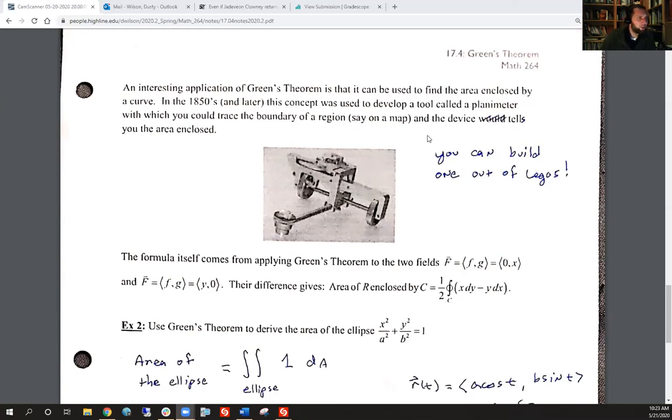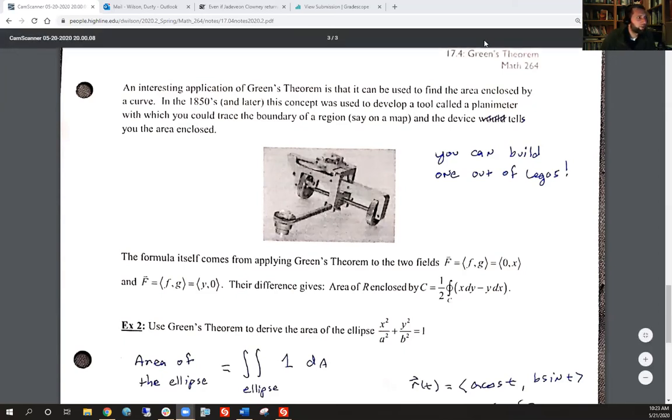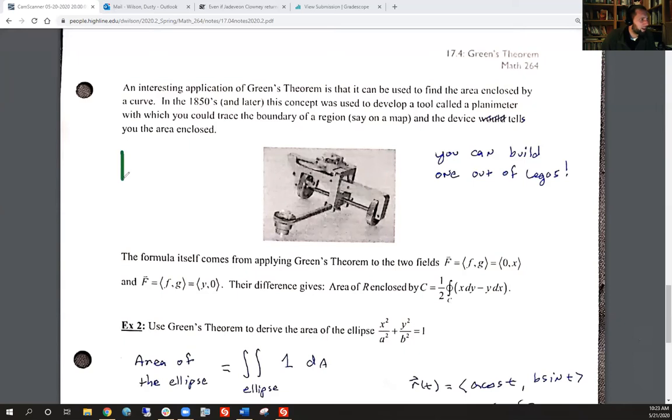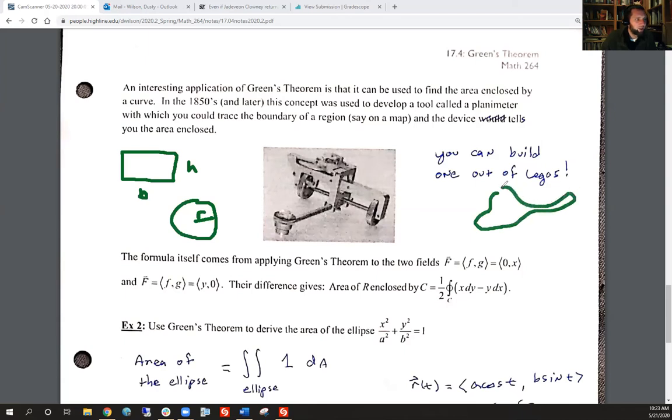We're really used to this concept when we're talking about things like rectangles, right? We know that you might have a base and a height, and you could easily use those boundaries to find the area enclosed. Or if we had a circle with radius r, we know how to find the area of the circle. But what if you were looking at an aerial map and you had a lake, and you wanted to know what's the area of the lake?